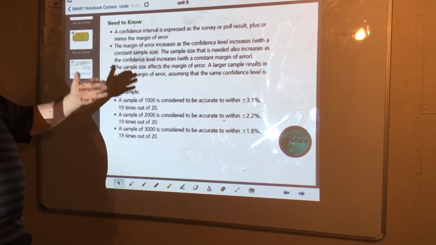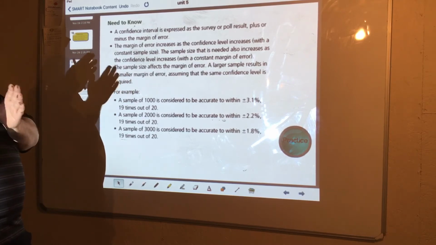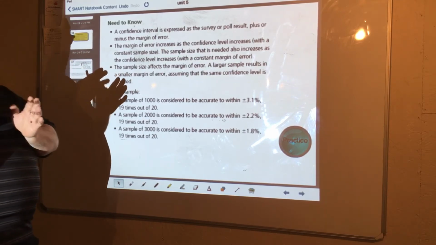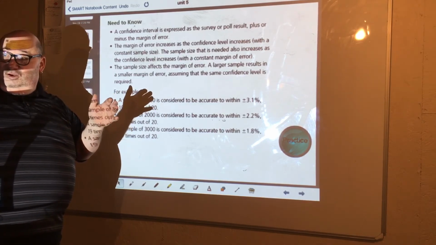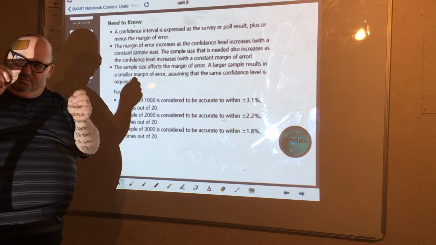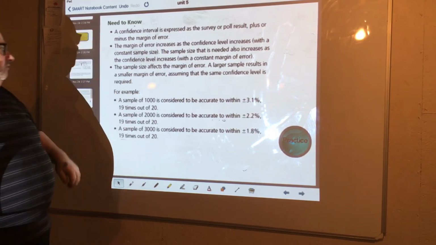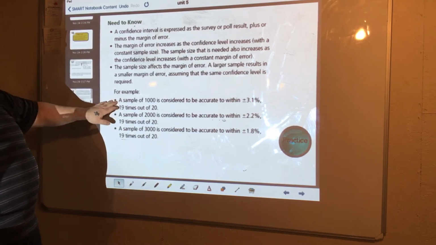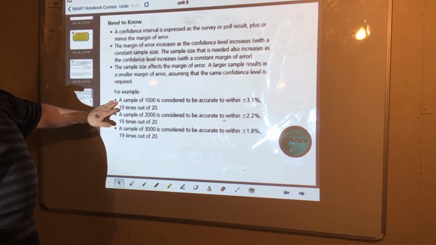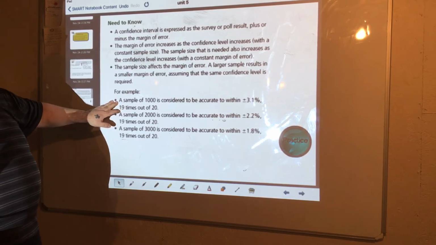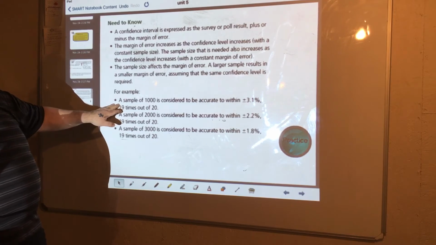The larger the sample, the smaller the margin of error, right? Because we're testing more balls, we're going to be closer to our 145 mean, right? So a sample of 1,000, for example, is considered to be accurate between plus or minus 3.1, 19 out of 20 times.